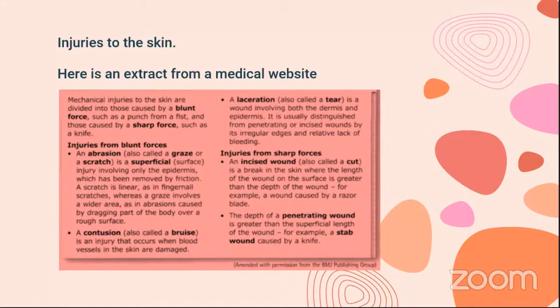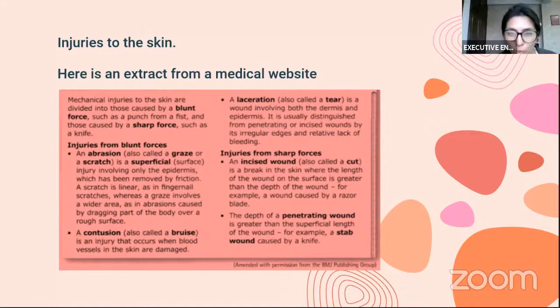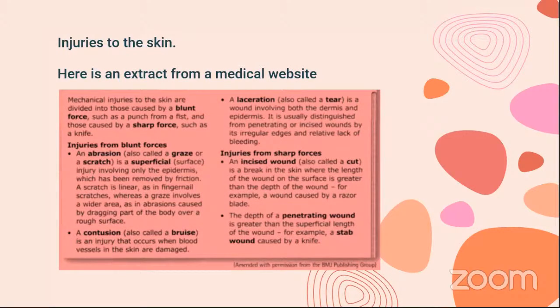A contusion, also called a bruise. Is bruise correct? Bruise. Okay, bruise is an injury that occurs when blood vessels in the skin are damaged. A laceration, also called a tear, is a wound involving both the dermis and epidermis. It is usually distinguished from penetrating or incised wounds by its irregular edges and relative lack of bleeding.